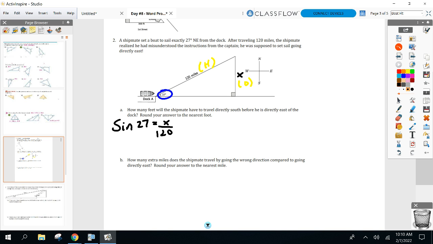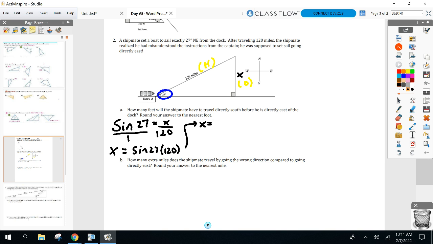A reminder, we put the left side over 1 to make it a proportion, and we cross multiply, right? So we get X equals the sine of 27 times 120. And I showed you on Thursday where to go on the calculator for that.